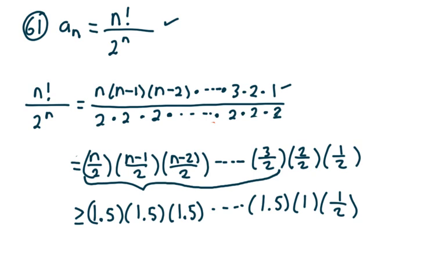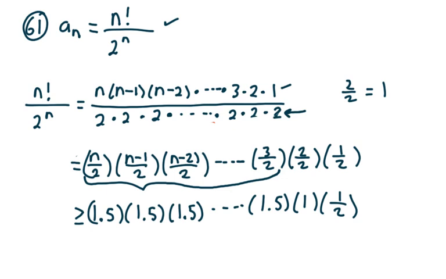Because remember, 2 over 2 is the same as 1. Now, remember that there were n copies of 2 at the bottom. So there's n factors that we're dealing with. And every factor in the denominator got paired off with a factor in the numerator.